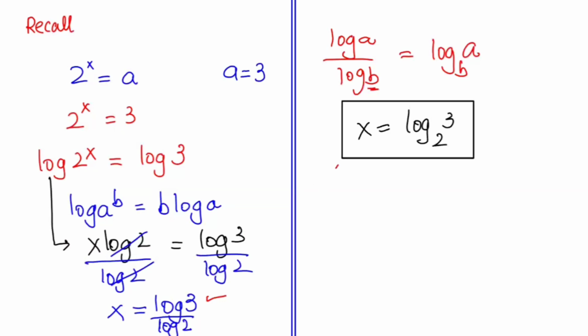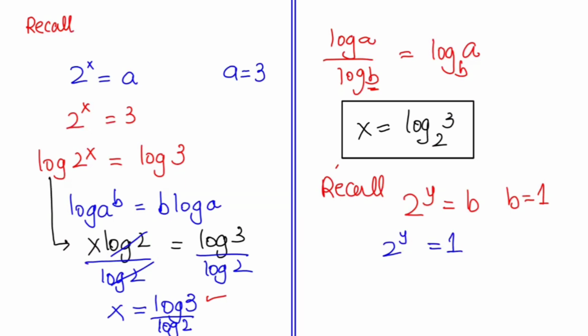Now I'm going to recall our other expression, 2 to the power of y equals b, and our b value is positive 1. So here 2 to the power of y equals 1, and I can write a to the power of 0 equals 1.